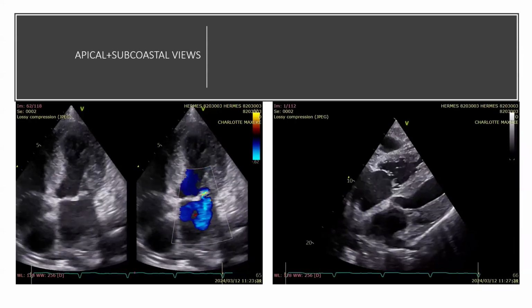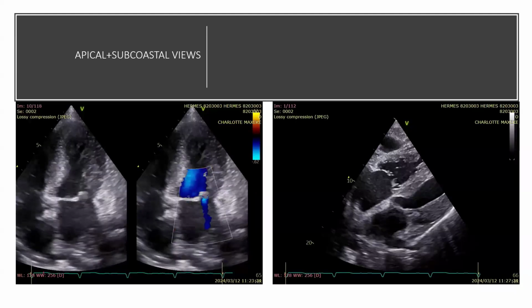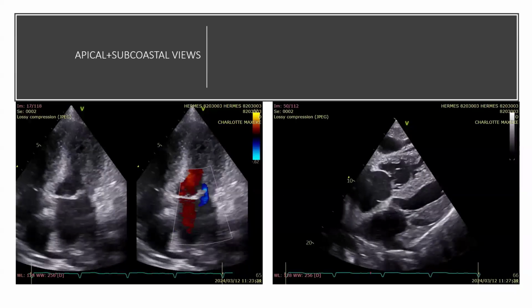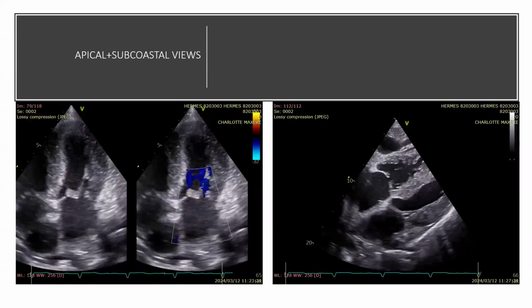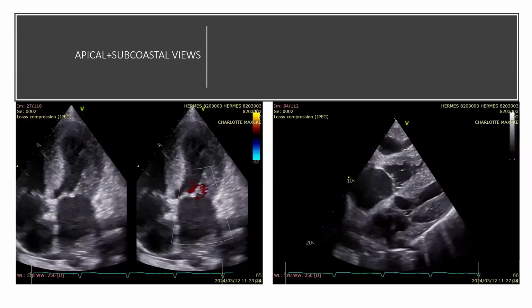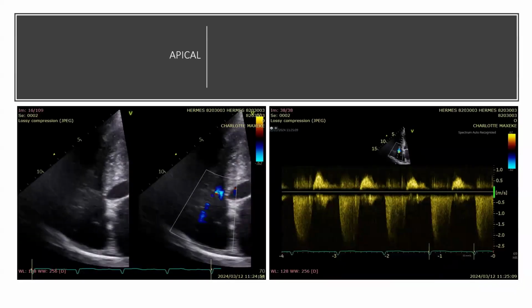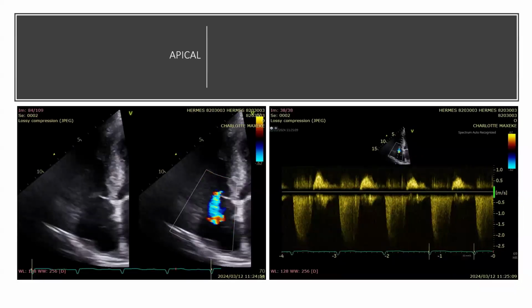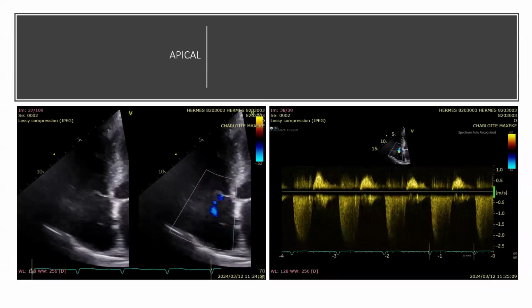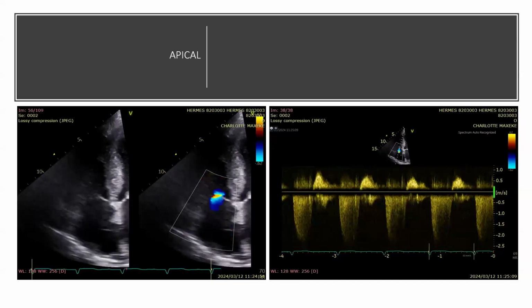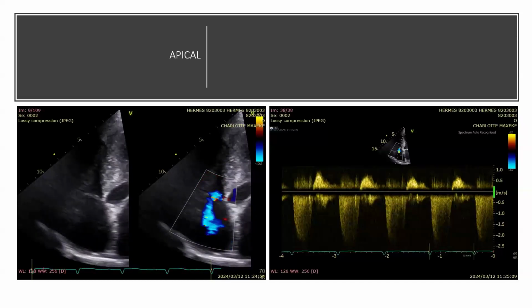You can appreciate this mild mitral regurgitation, and on the subcostal view, you can appreciate the biatrial enlargement and also right ventricular hypertrophy and left ventricular hypertrophy. He had mild tricuspid regurgitation and a TRV max of more than 28 centimeters per second.